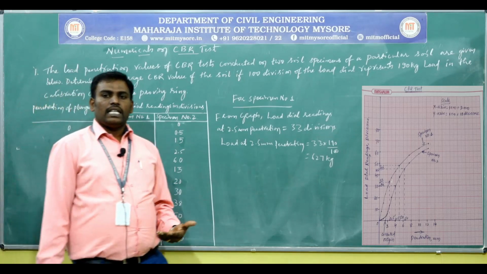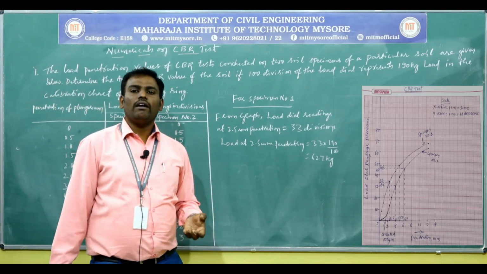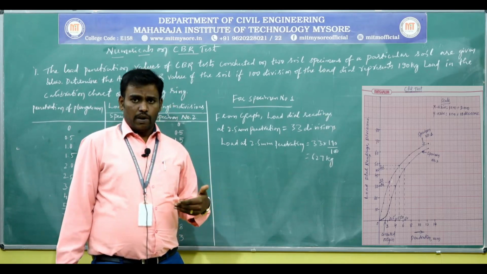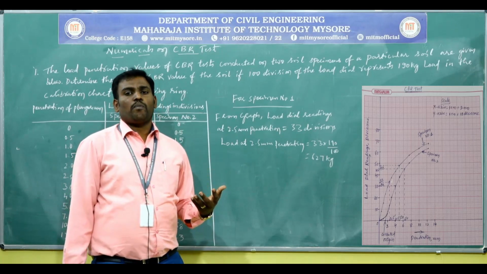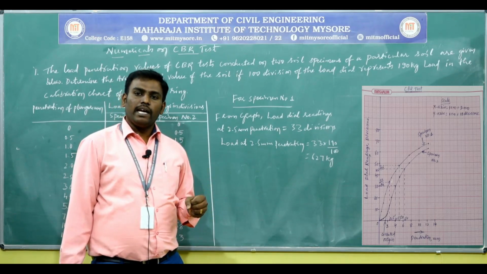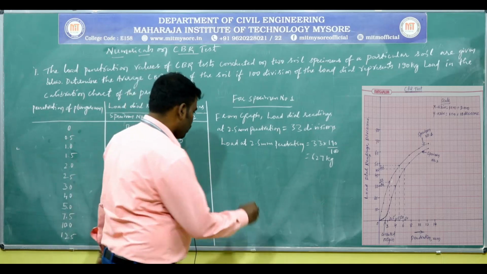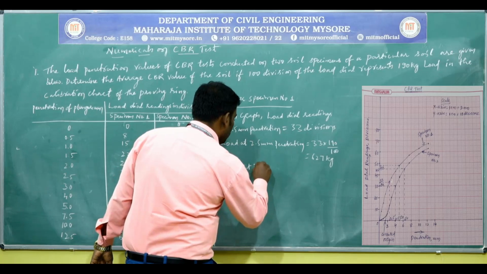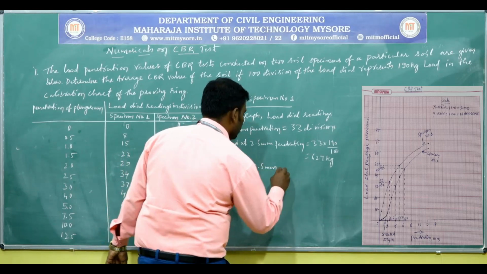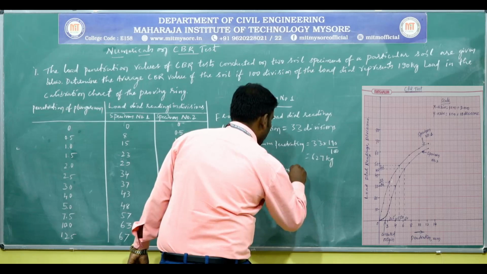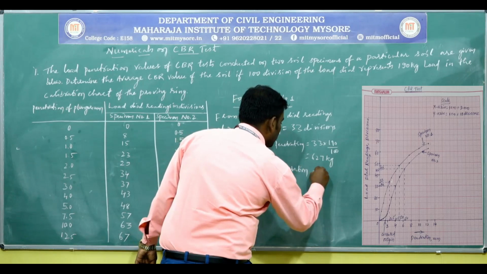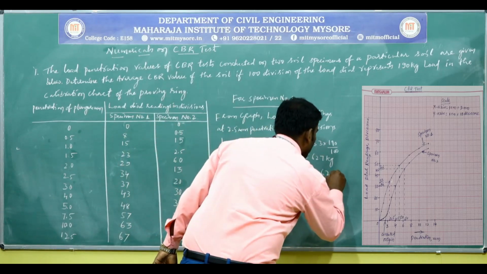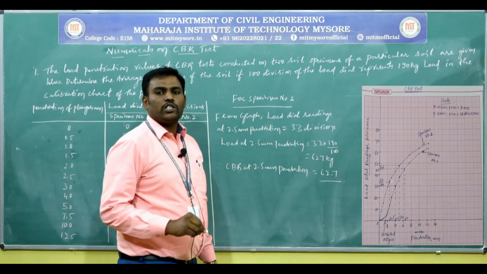And we know that CBR is the ratio of the actual load causing 2.5 mm penetration divided by the standard load causing 2.5 mm penetration, multiplied by 100. Therefore, CBR at 2.5 mm penetration is equal to the actual load causing 2.5 mm penetration, which is 62.7, divided by the standard load causing 2.5 mm penetration.